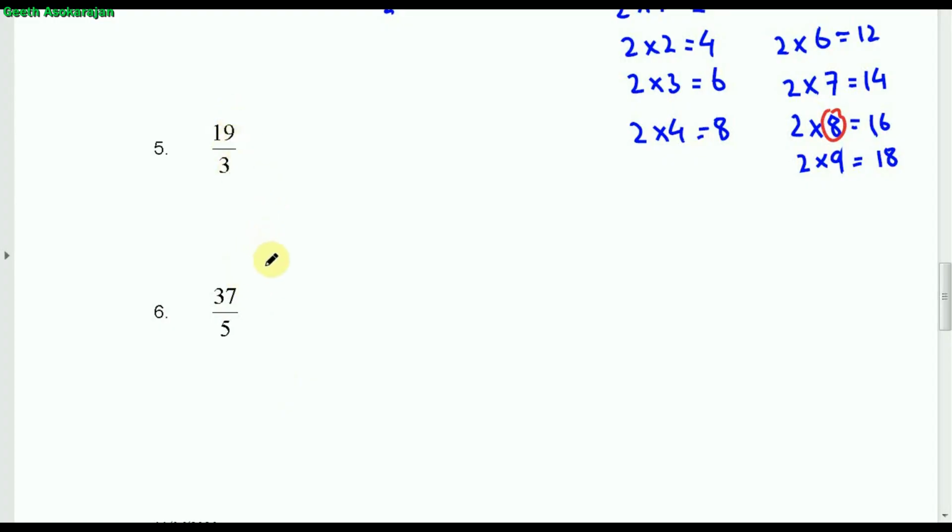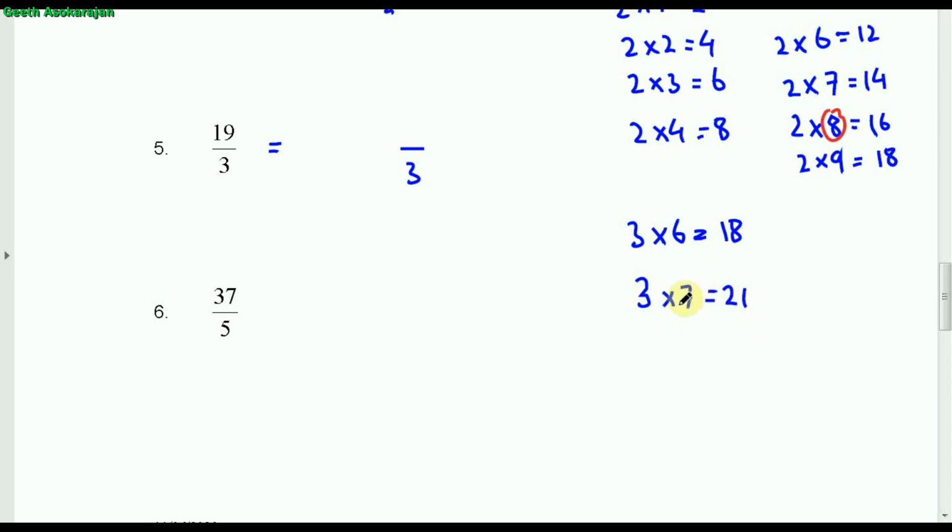Right, for number 5, 19 over 3. So I write down that 3 here, and I use the 3 times table to work out how many 3's go into 19. So let's have a look. In this case, we know that 3 times 6 is 18, and 3 times 7 is 21.